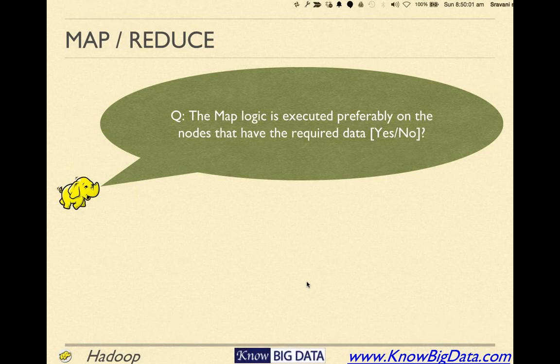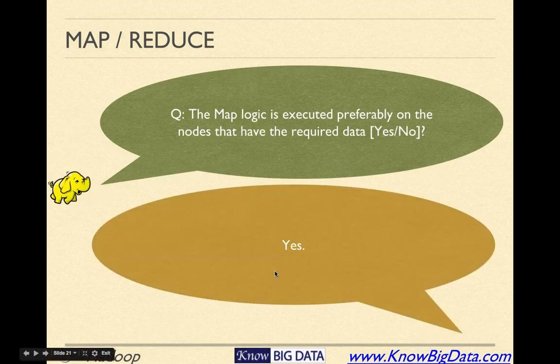If you are processing some data using some logic, that logic should be performed as close to the data as possible. True or false? I mean, yes or no? Correct, that is correct. So this is called data locality optimization. We will discuss it in detail afterwards.